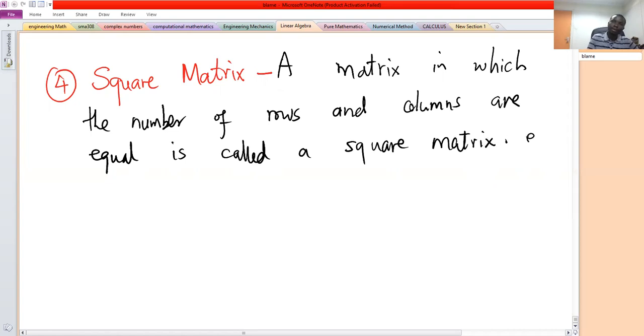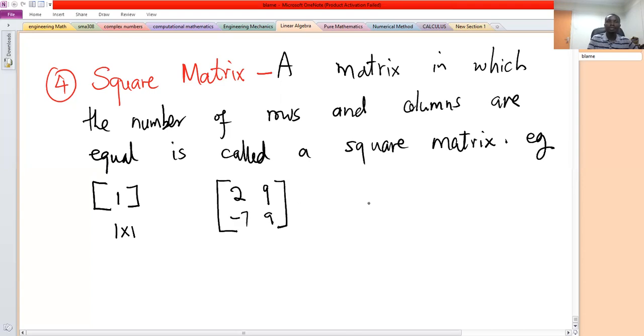For example, even this one is a square matrix because it is 1 by 1, so the number of rows and number of columns are equal. Another example, 2, 9, minus 7, 9.